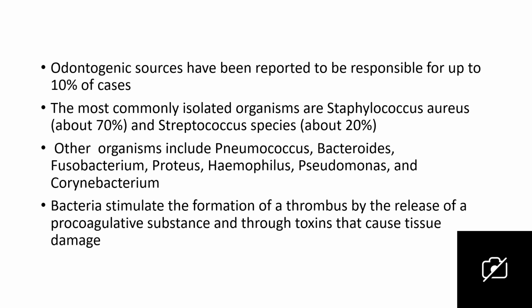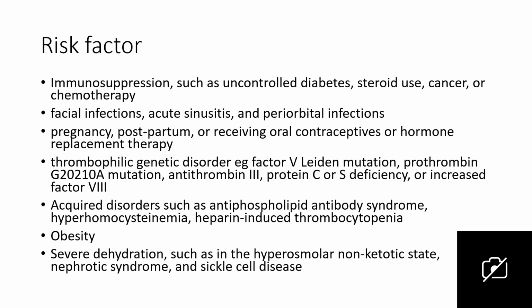Bacteria stimulate the formation of a thrombus by the release of a procoagulative substance and through toxins that cause tissue damage. This results in the formation of a thrombus, which propagates further in the system.